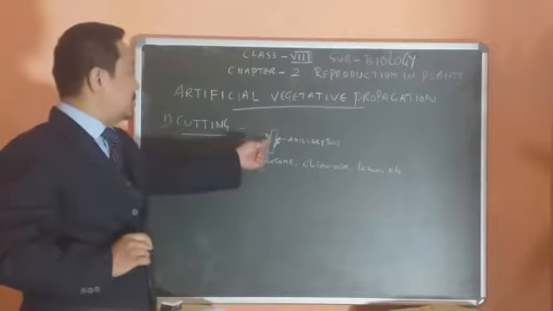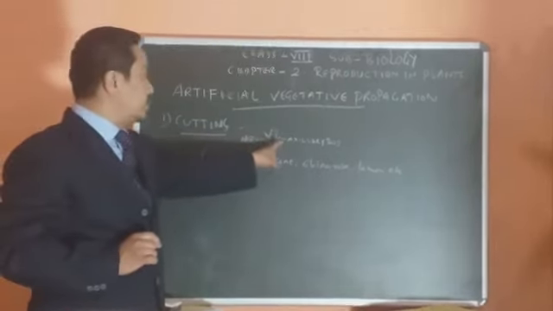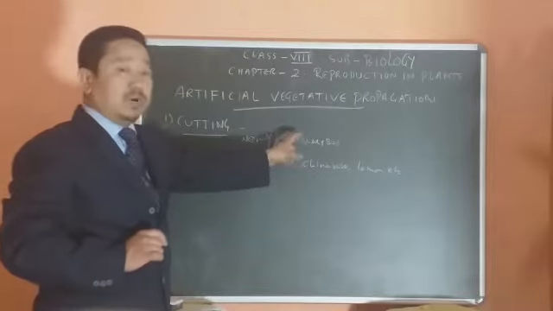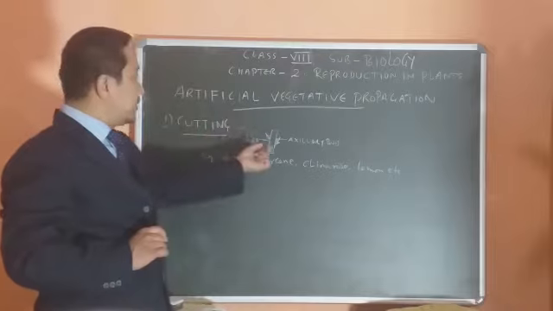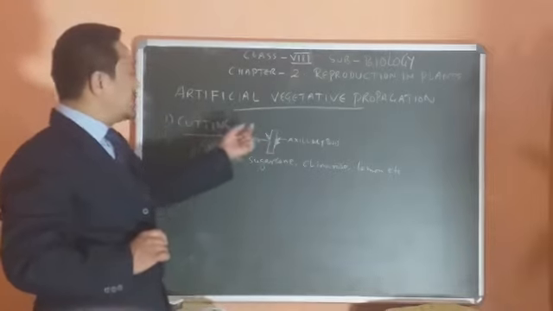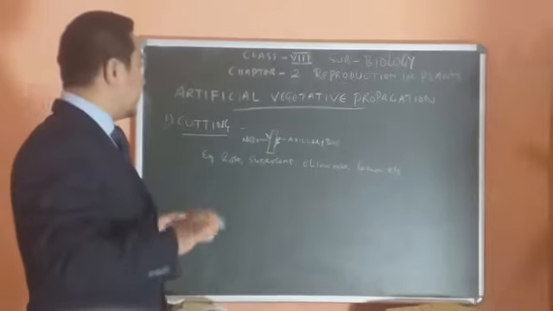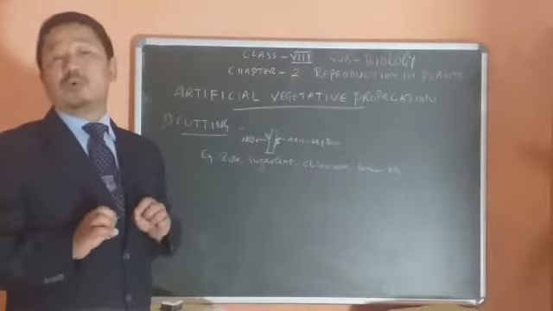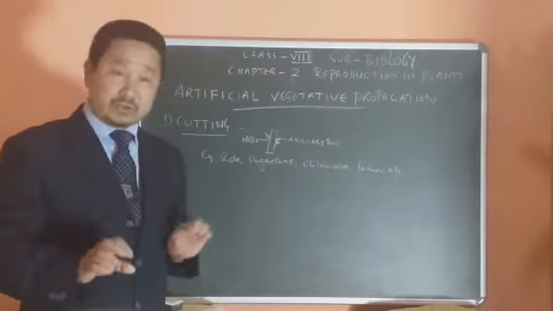As I have shown here, the small stem is cut with some auxiliary buds. Some auxiliary buds must be there with 1 or 2 nodes. We make the cutting of it, then we plant it in moist soil or fertile soil.